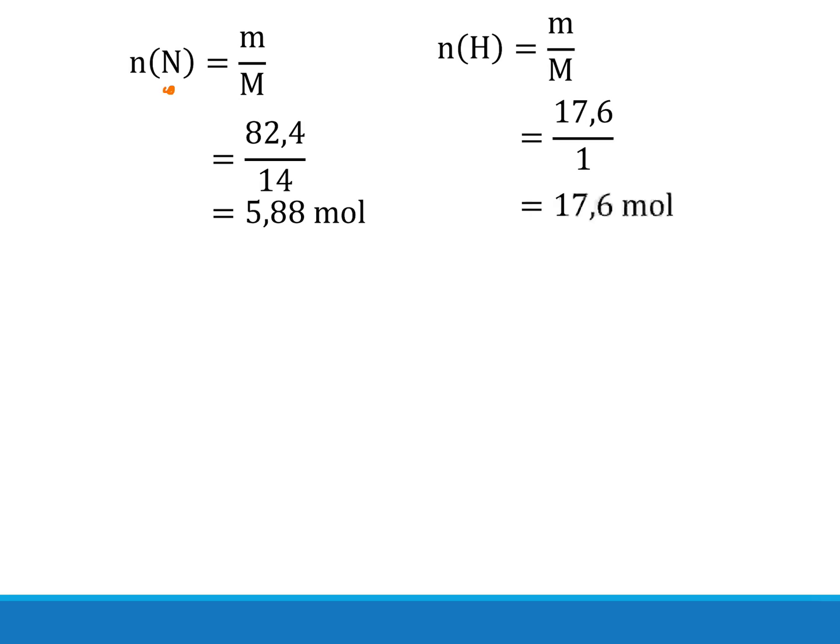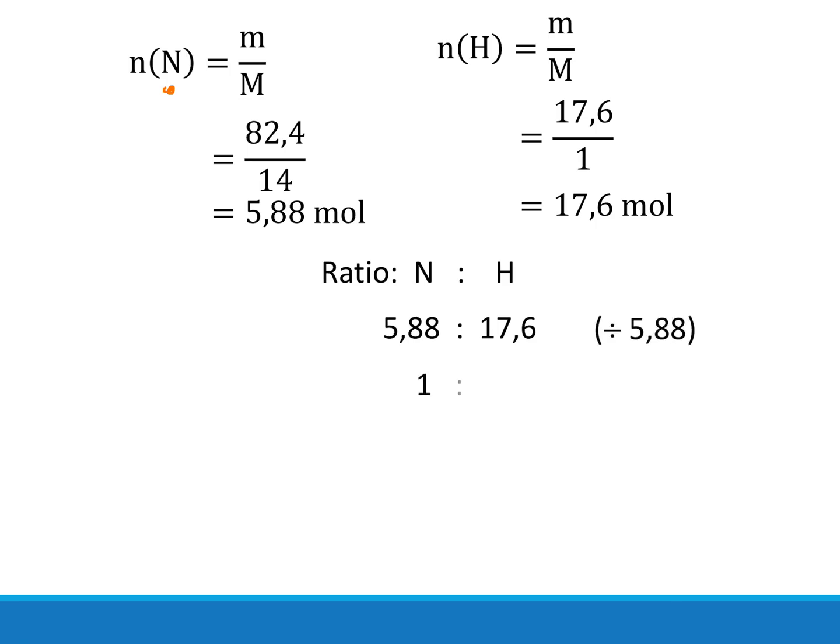Now we want the ratio. We want to know how many moles of each we've got to each other. So if we look at the ratio, we've got nitrogen to hydrogen. Nitrogen's 5.88 to 17.6. But you know that we can't have part of an atom. We have to have a whole atom. So we're going to get this into a whole number. So we divide by the smallest number. Now in this case it's 5.88.